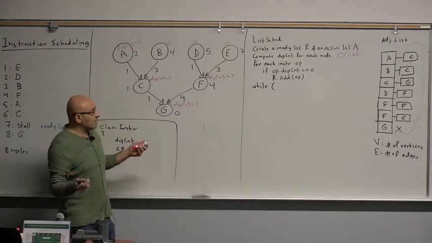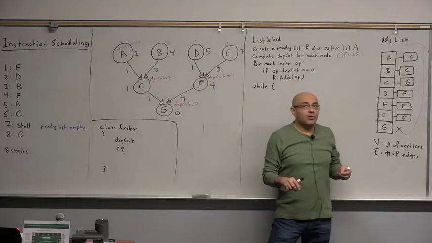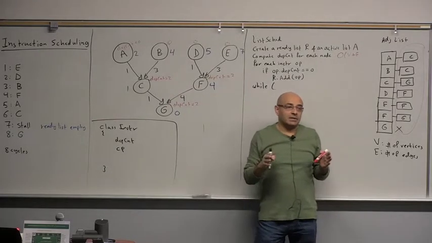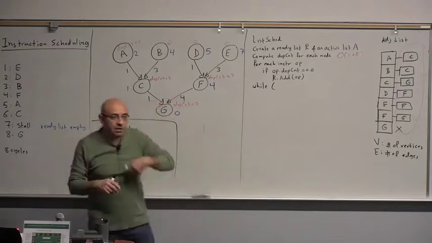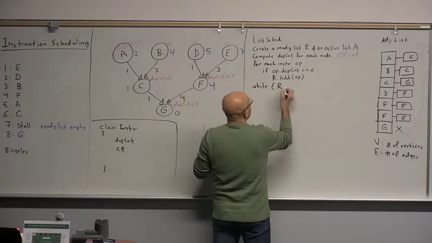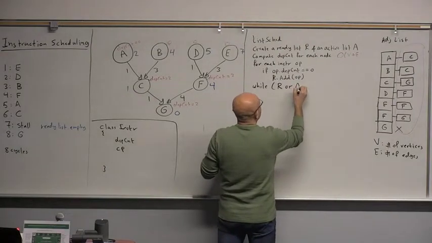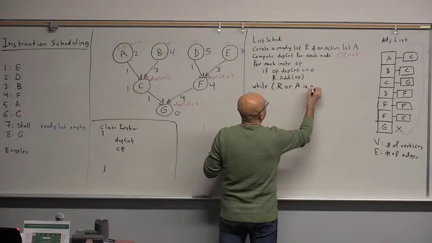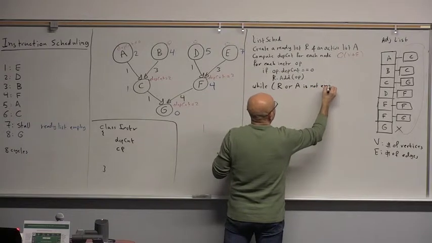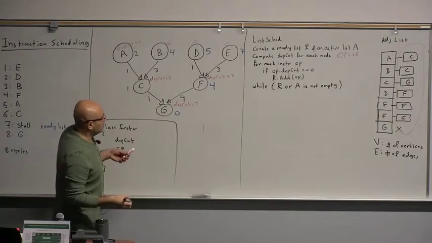Another way of doing it is looking at the ready list and the active list, and you terminate when both are empty. If one of them is non-empty, you keep going. So while R or A is not empty, one of them is not empty, we loop.